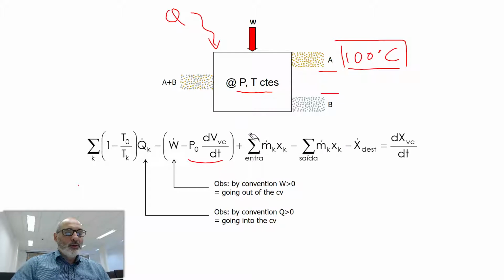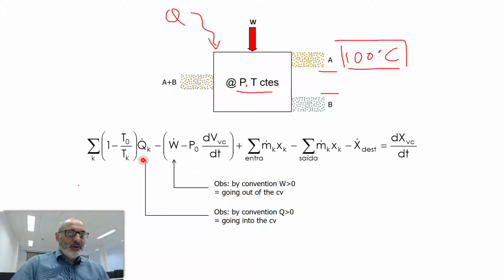And just to remember, 2 points here are sign convention, okay? So Q is positive when heat is flowing into the control volume. This is a convention. If we calculate a negative Q, that means that Q is going out of the control volume.